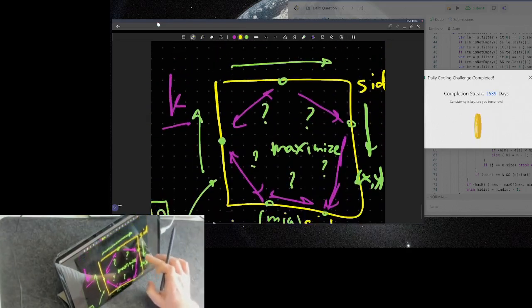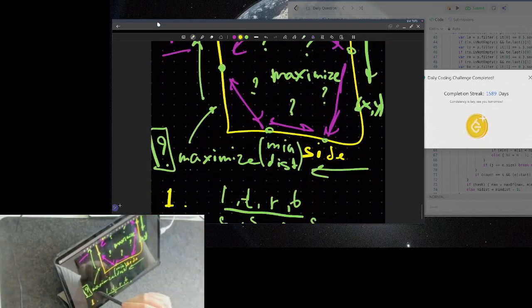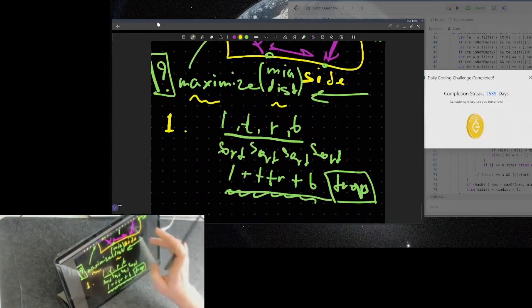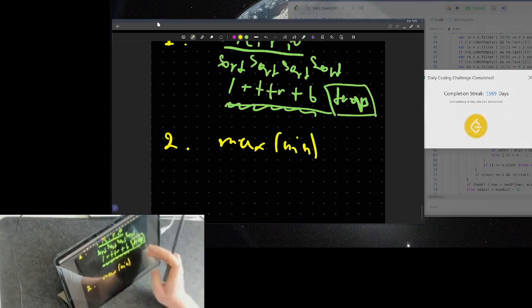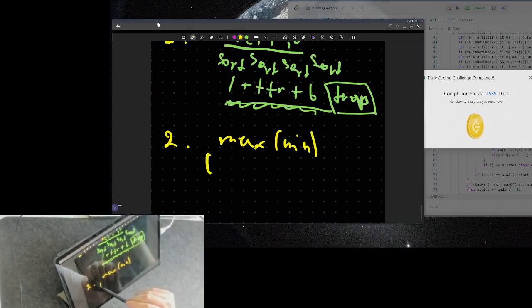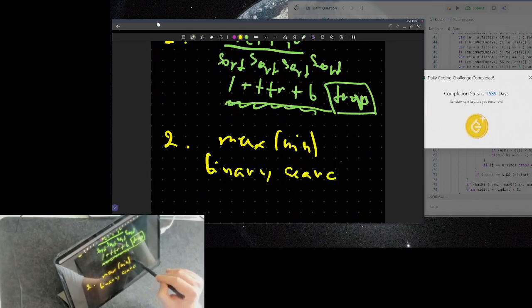The next idea is how you can find the maximum of minimums. When you see this kind of maximum of minimums or minimum of maximums, the first idea is binary search in your mind. Can you do this? Yes, you can.